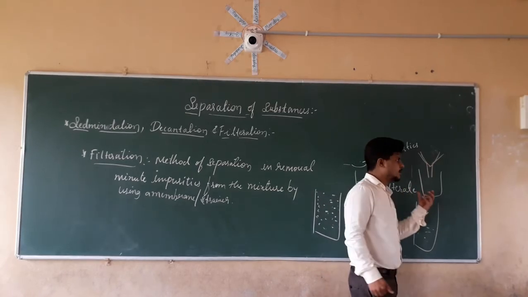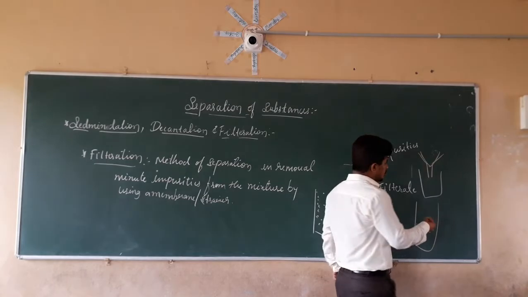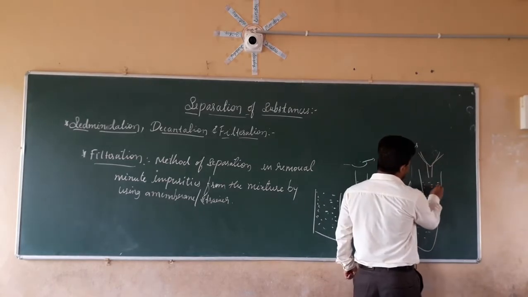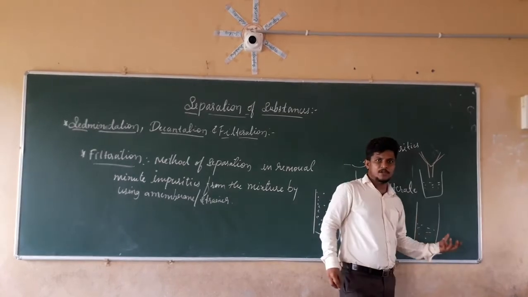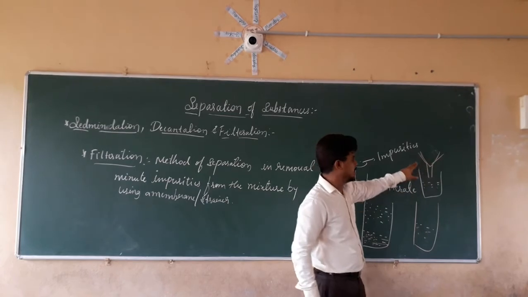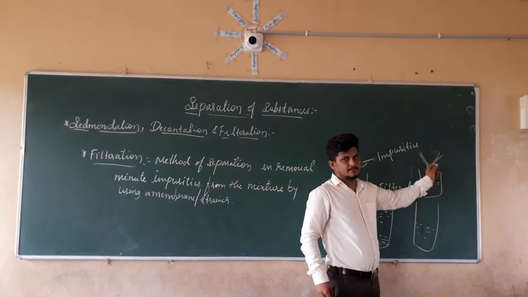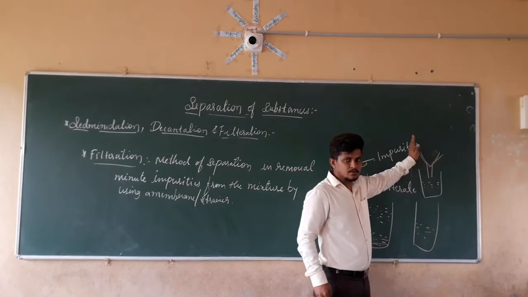Whatever pure liquid is there is going to pass through the funnel into the container. So the water stored in this container will be pure, and the minor impurities present here are retained by this filter paper, which doesn't allow the tiny particles to pass through it.